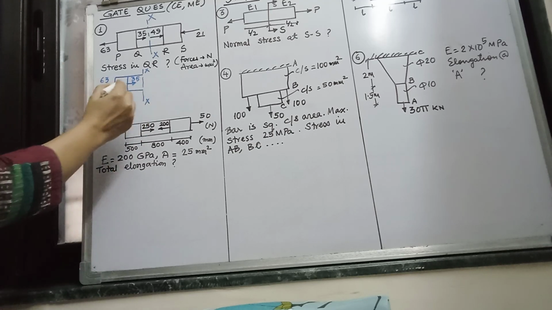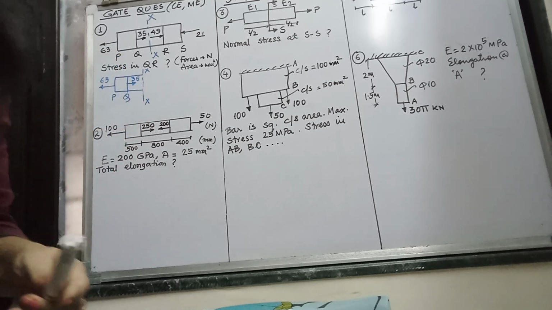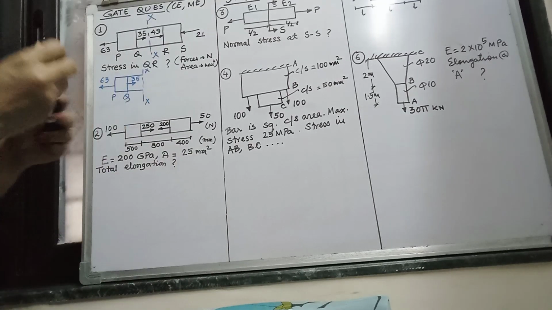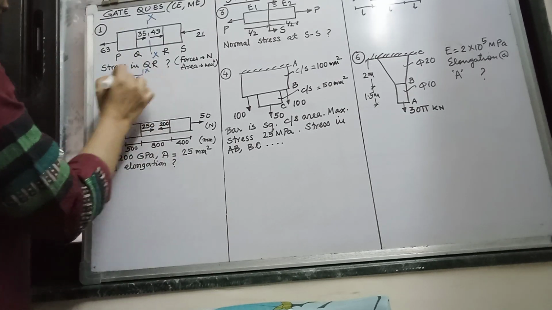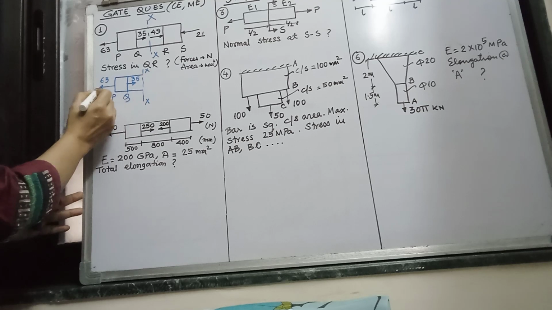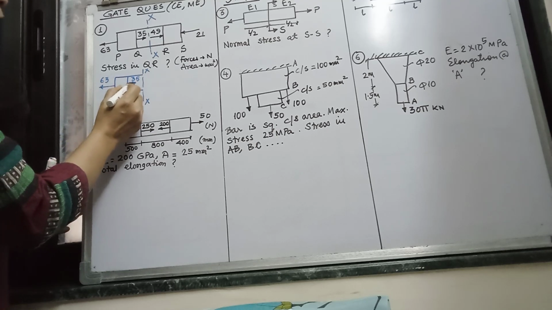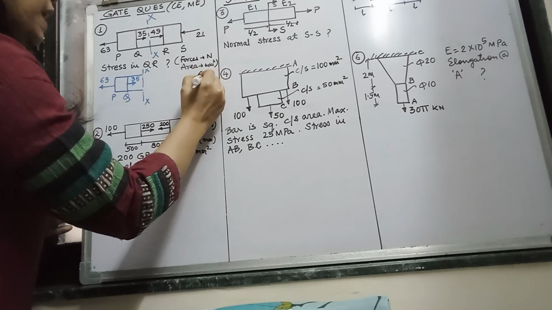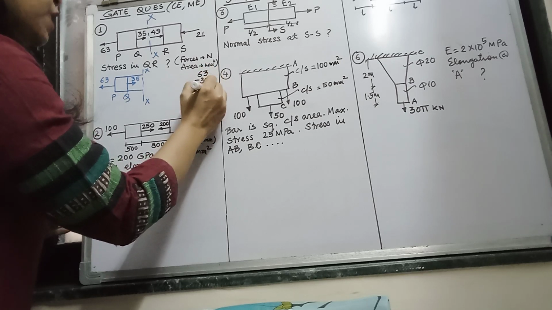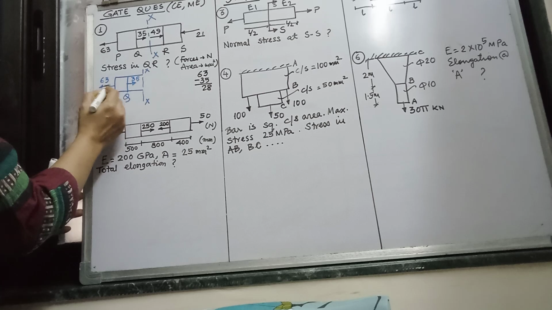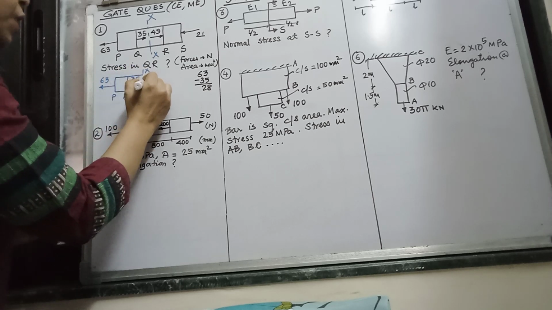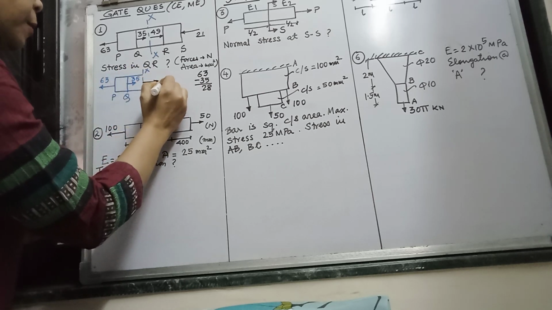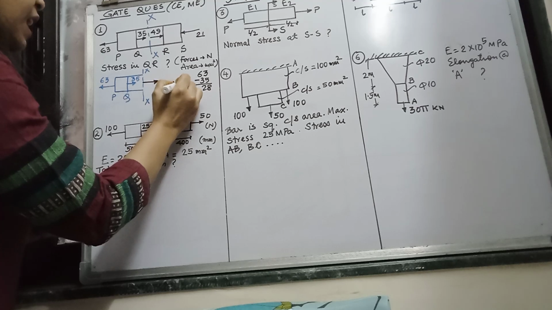Is it okay? So can you tell me what will be the resistance developed over here? See, this is 63 on this side and this is 35 on this side. That means 63 minus 35, that is 28. So this is 28 more on this side, so the resistance will be 28.